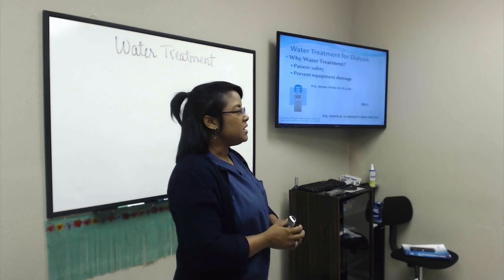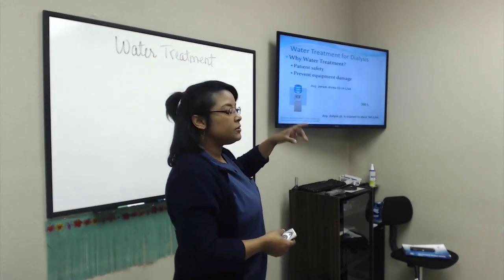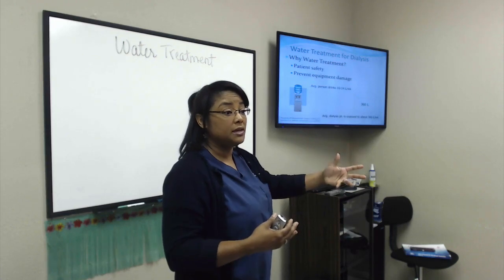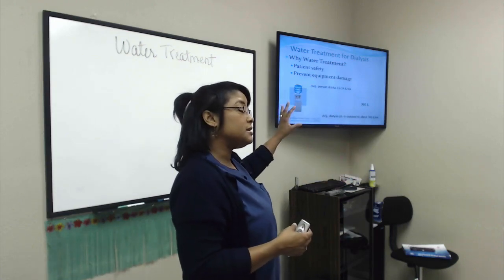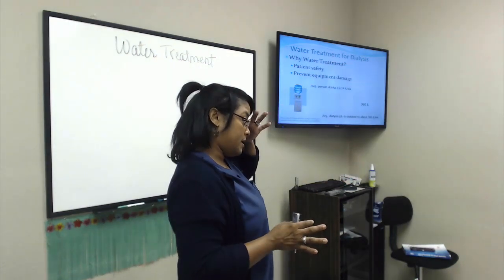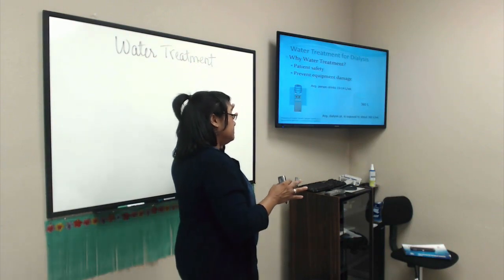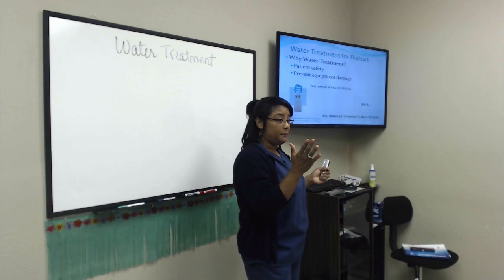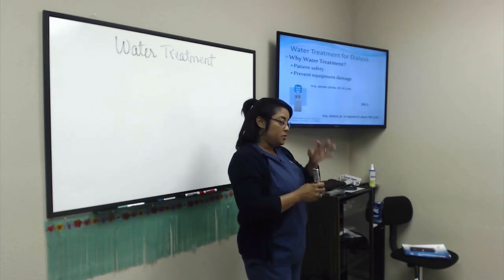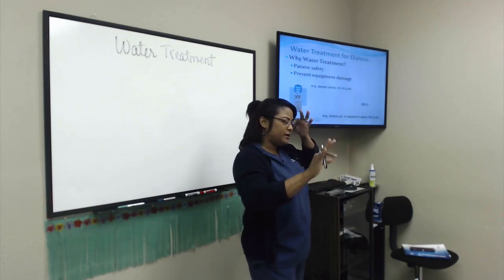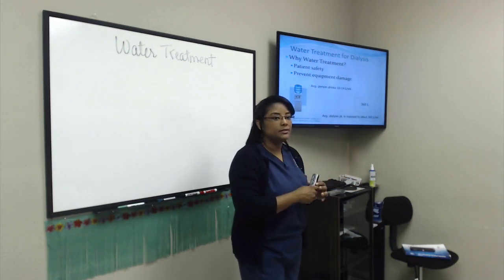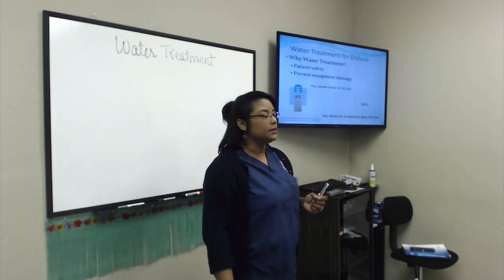For example, at the dialysis center, the DFR, or the dialysate flow speed, is about 600 to 800. In home hemo, it's about 250 mLs per minute, okay? So the speed is really low.